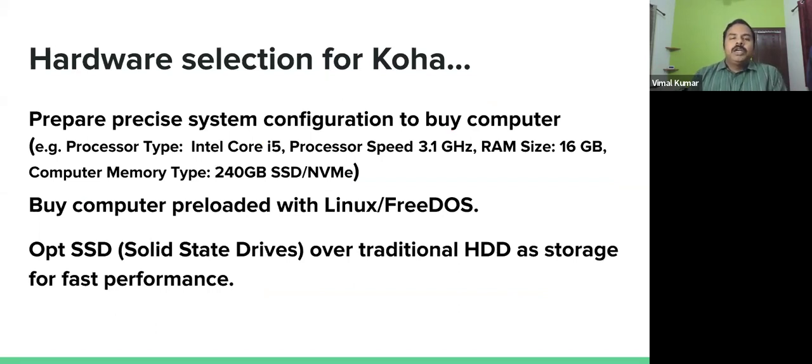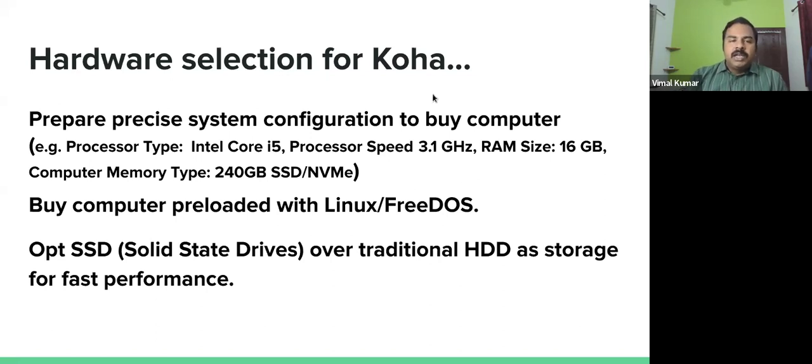Okay, suppose you want an ordinary desktop system to install Koha. Your administrator or principal asks you to give a detailed computer configuration to buy a computer. We have to give very detailed information regarding the computer.